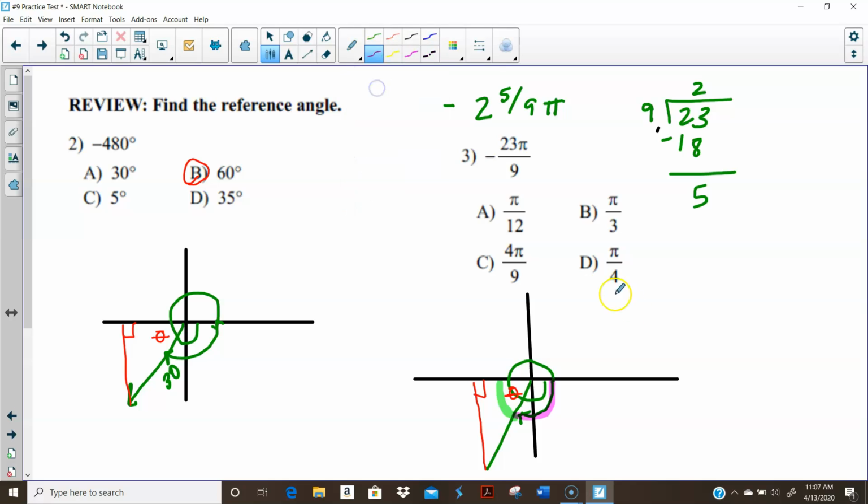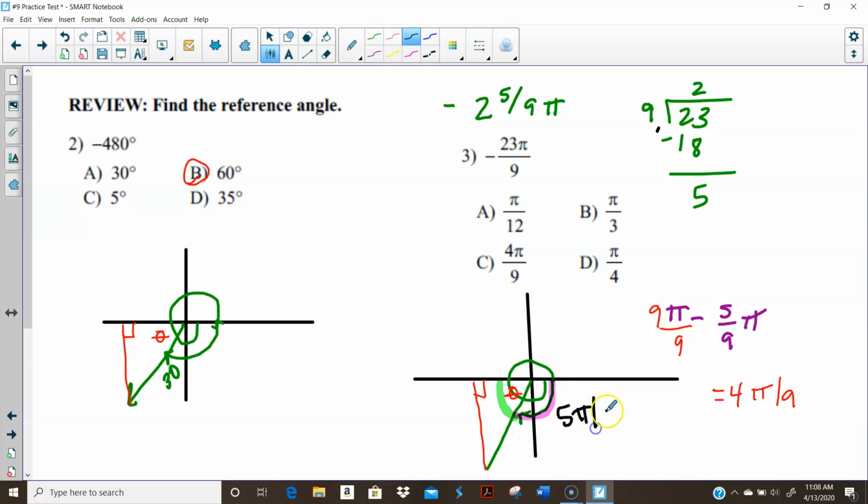Another way to find that is you could take pi, subtract 5/9 pi, and that's going to give you the remainder of what's left. So the common denominator is 9, and 9 pi over 9 subtract 5 pi over 9 is equal to 4 pi over 9.